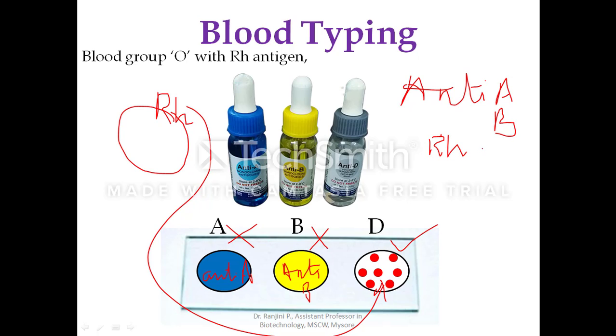Antigens A and B are absent, but they are positive for the RH antigen, due to which such an individual, who does not carry the A and B antigens on the RBC but carries the RH antigen, is called O positive. Okay, this is regarding O positive blood group identification.